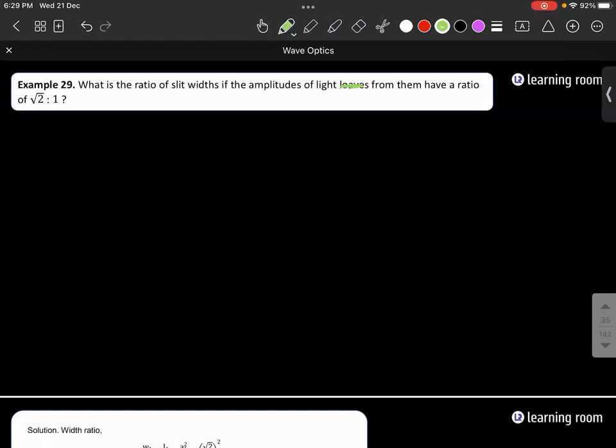So I1 by I2 is equal to A1 square by A2 square. So (√2 by 1) the whole square, that will be 2 by 1.